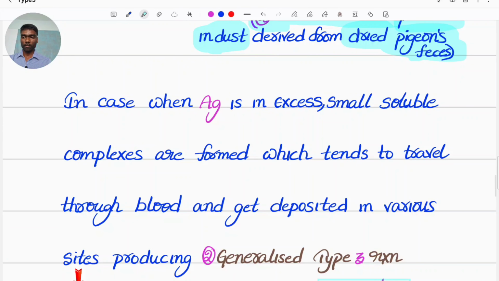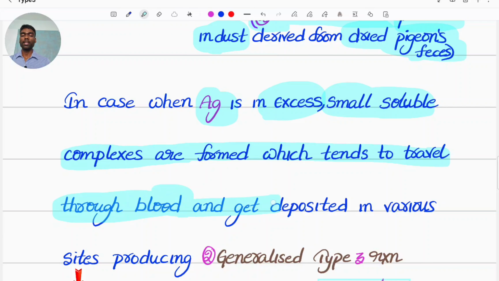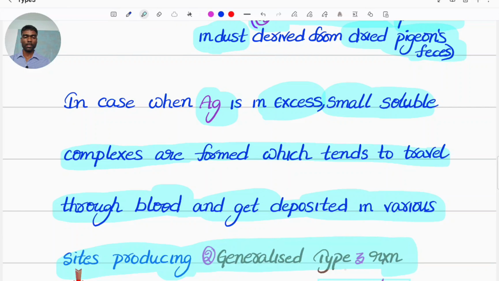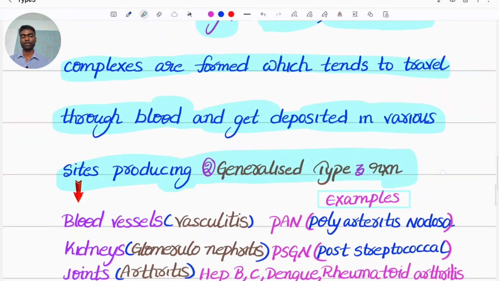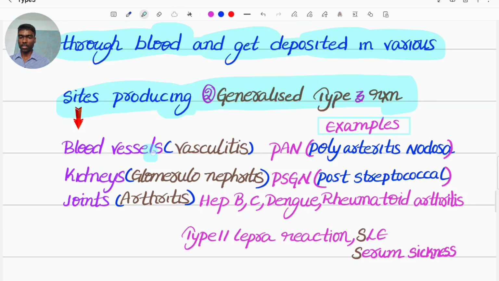Now in reverse, antigens are in excess. Then small soluble complexes are formed, which tend to travel through blood and get deposited at various sites, producing a generalized or systemic type 3 reaction. Example, if it gets deposited in blood vessel walls, it leads to inflammation: vasculitis, polyarteritis nodosa, Henoch-Schönlein purpura.